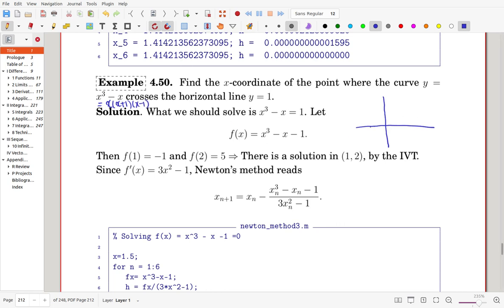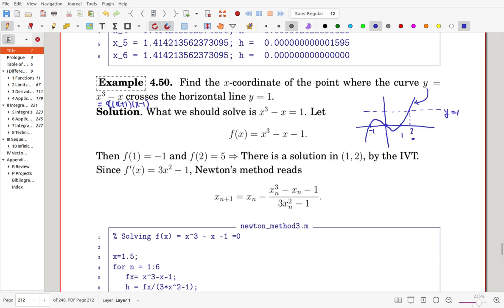So there is minus 1 here, 0 here, and 1 here. So the graph of the function is given in this way, passing this point, passing here, and passing here. Now y equal 1 is here. We have to find that point here. That's the question now.